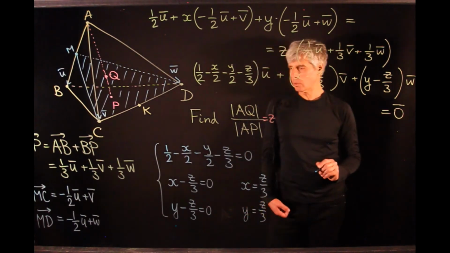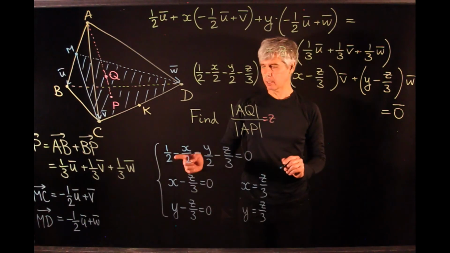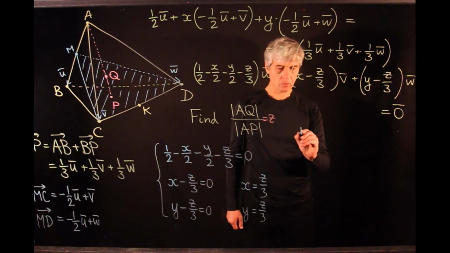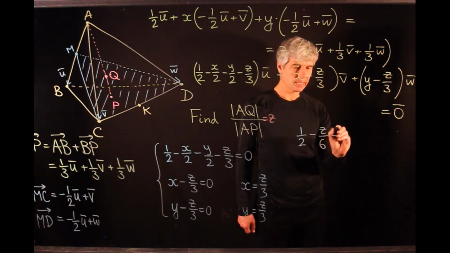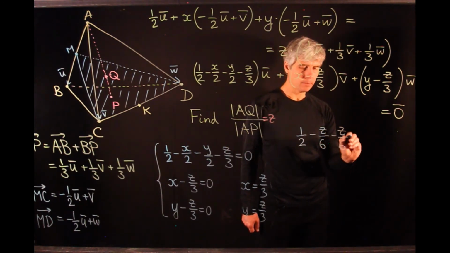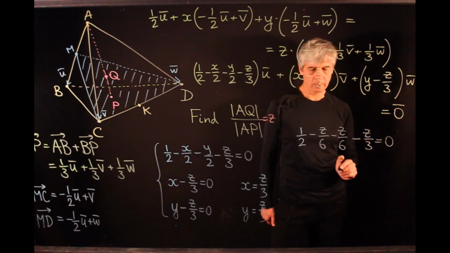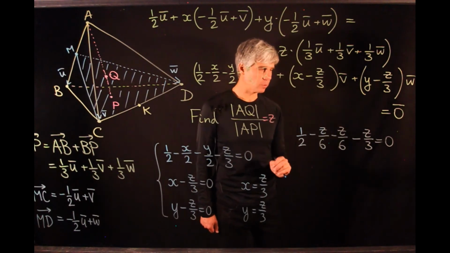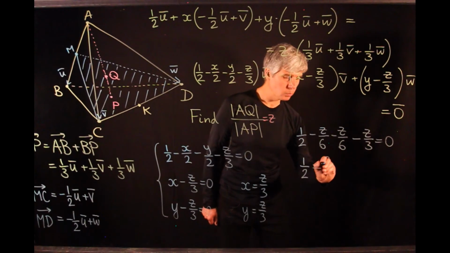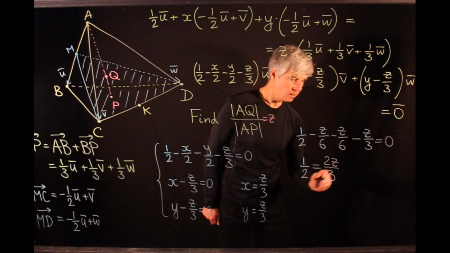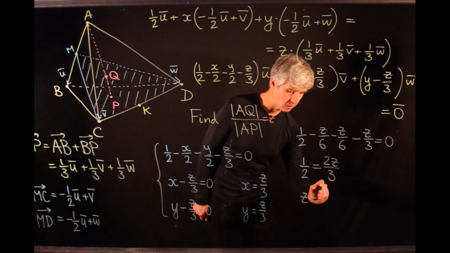Now if we substitute these two expressions in the first equation, we get 1/2 minus Z over 6 minus Z over 6 minus Z over 3 is equal to 0. So now moving Z terms to the right-hand side, we get 1/2 is equal to 2Z over 3, and expressing Z from here, we get that Z is equal to 3/4.